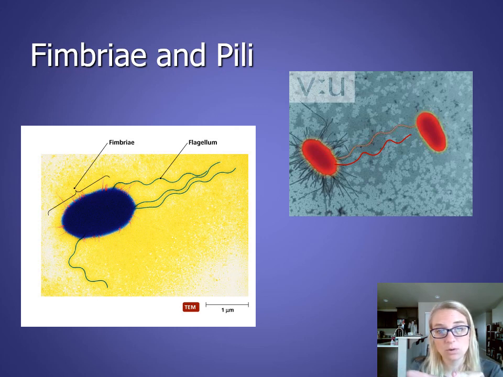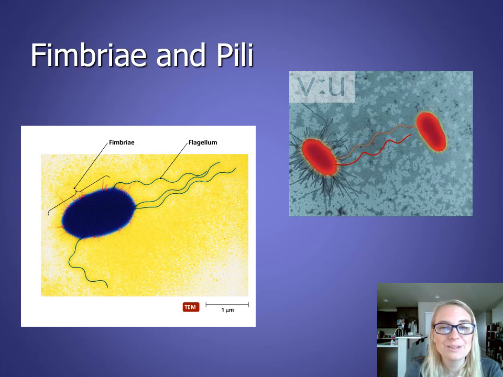One sends out this little pilus, sometimes called a sex pilus, and when it attaches to the neighboring bacterium, it's like a little tube, and it can send some of its own DNA into the neighbor. It's sharing genetic information. This is called horizontal gene transfer. We're going to talk about that in chapter 7. So the conjugation pilus or sex pilus is a structure used for horizontal gene transfer.